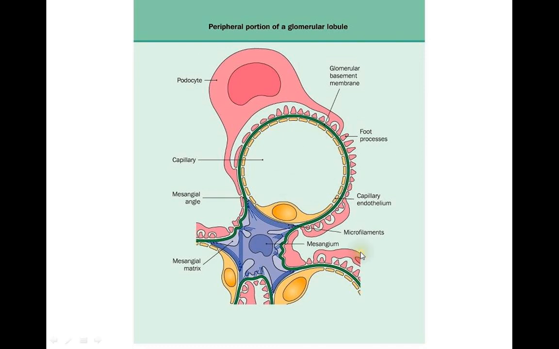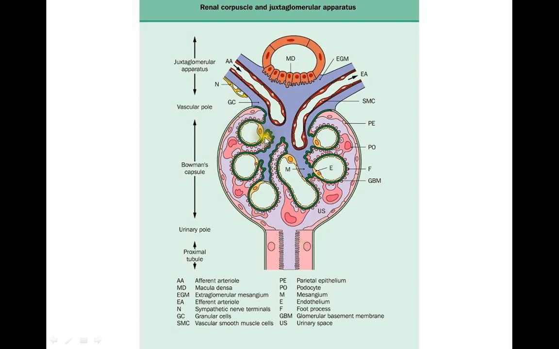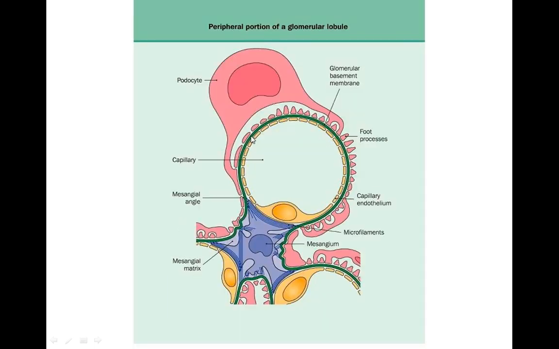Here you see one of these loops in a larger view. This is endothelial cells. This is cell body. This is the cytoplasm. Please pay attention to these pores.